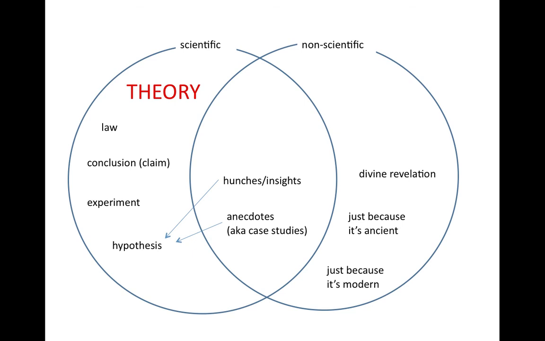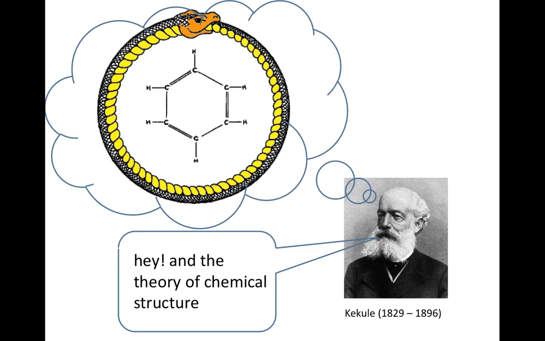So as an example of hunches and insights is this guy here, Kekulé. Kekulé was a famous chemist, and during a daydream, he came up with the idea of the Ouroboros to explain the structure of benzene, which you can see there is a 6-carbon molecule.